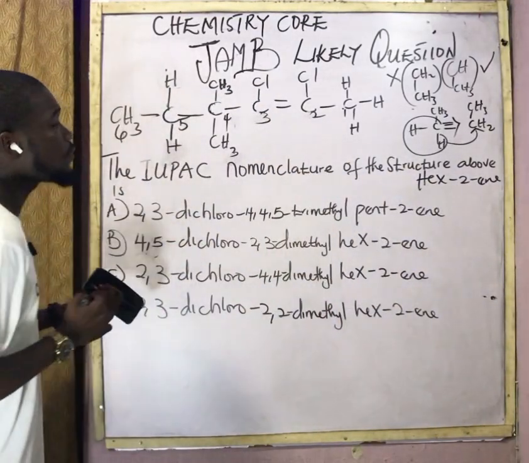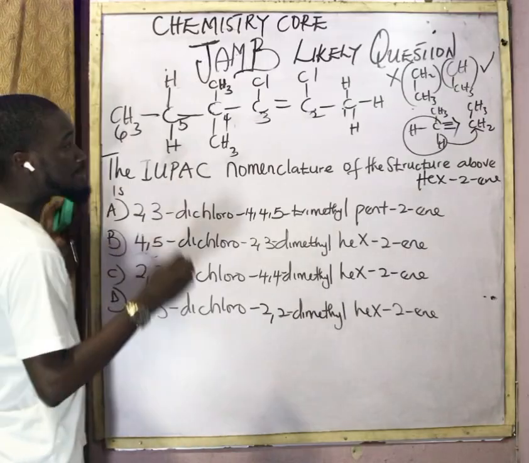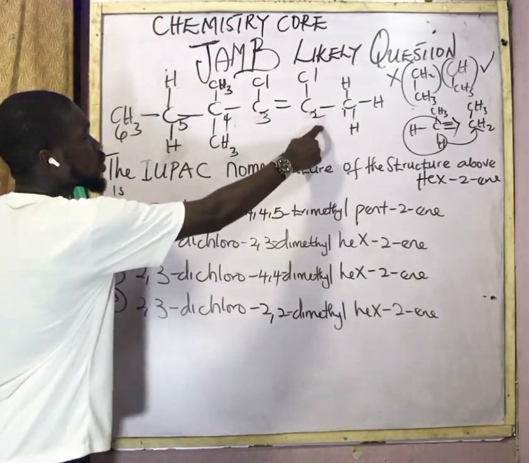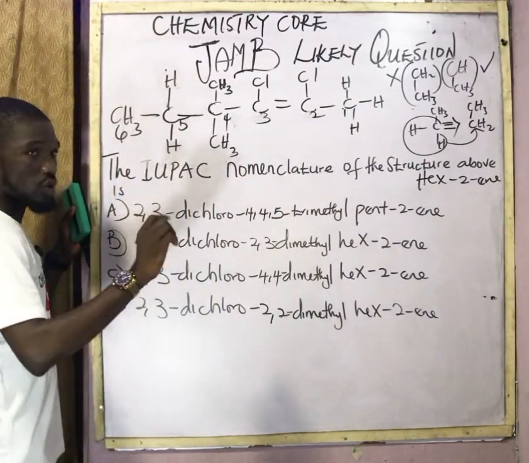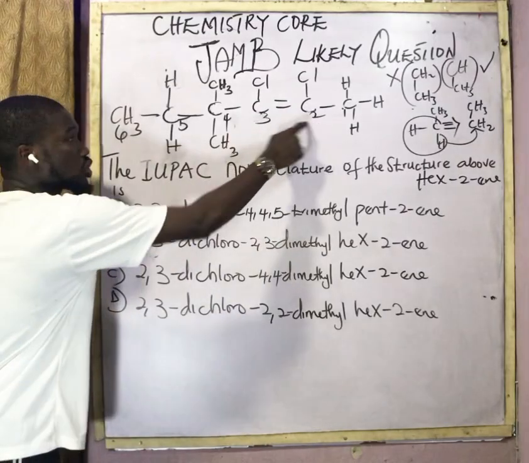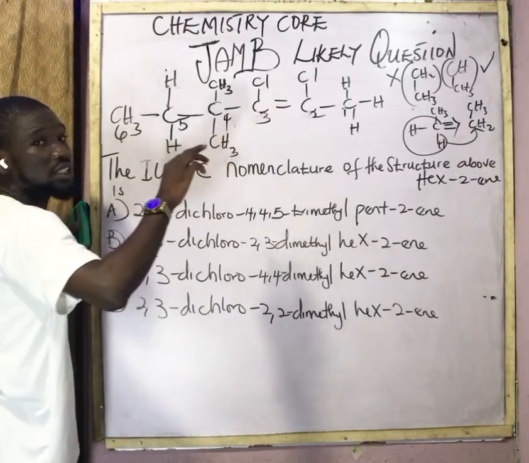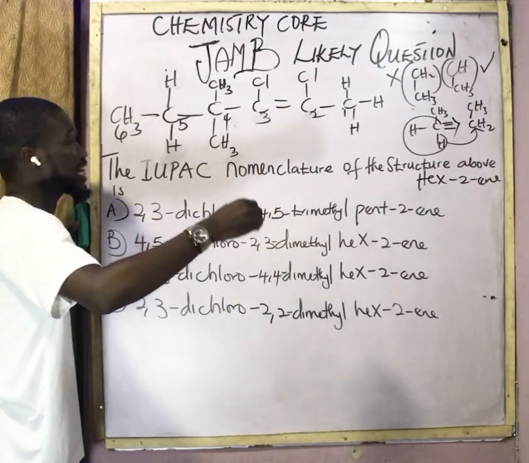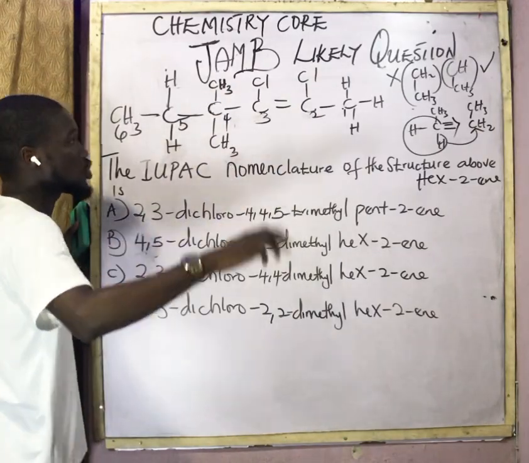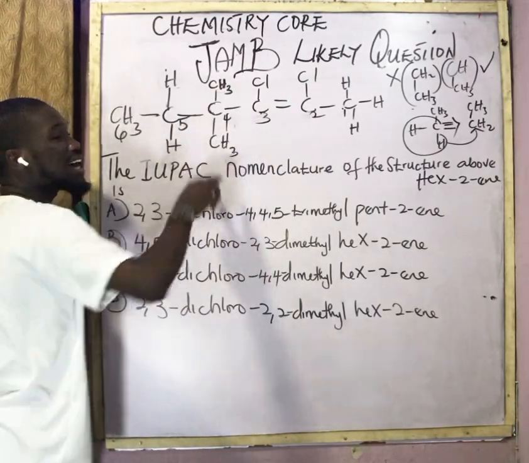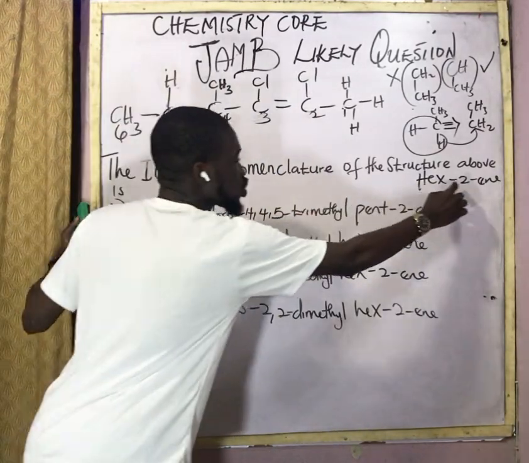Now, the numbers attached to the substituents: 2,3-dichloro. Don't forget, we're having 2 chlorines, so they give it an identical number. 2,3-dichloro-4,4-dimethylhex-2-ene.